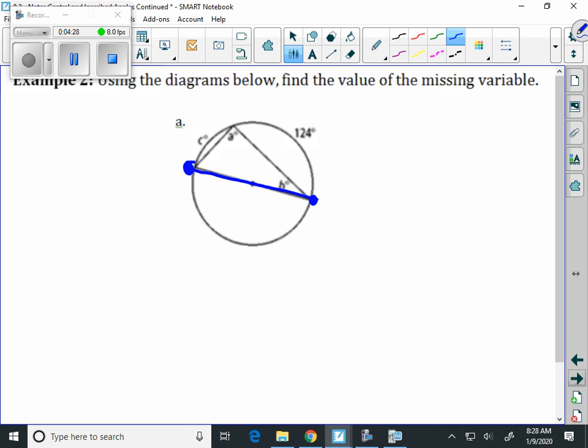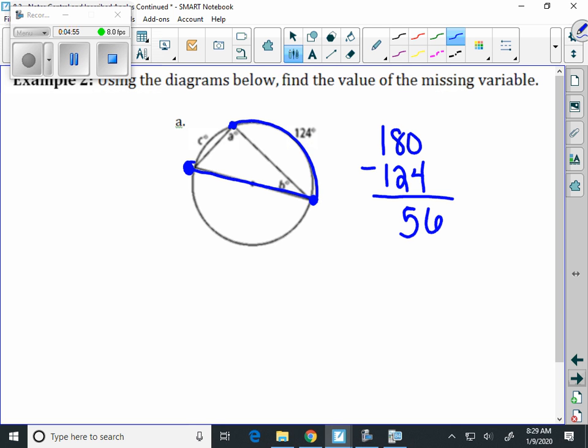We know 124 degrees for this arc, and how many degrees in a semicircle? Well, there's 180 degrees in a semicircle, so we can say 180 minus 124, and when we look at this, 10 minus 4 is 6, 7 minus 2 is 5, we get 56 degrees.